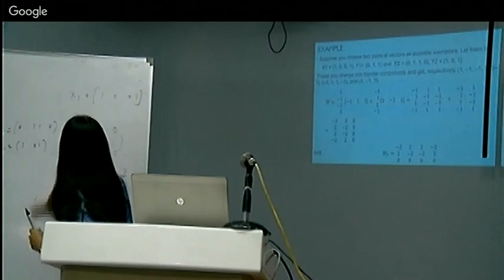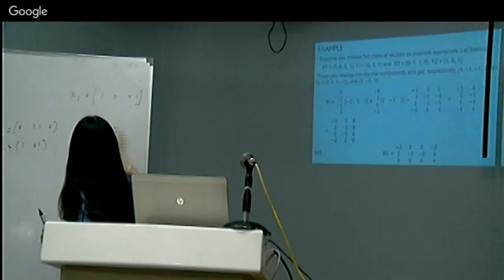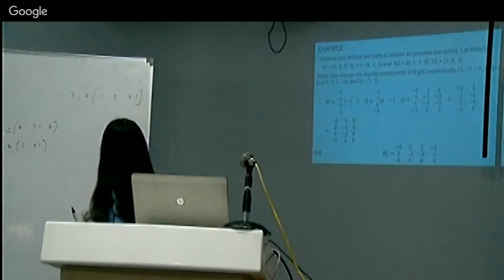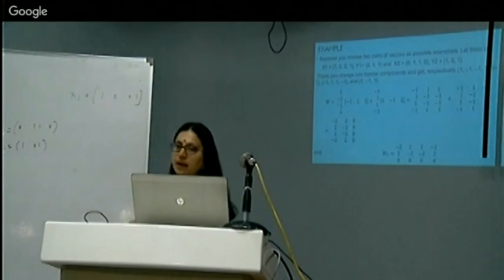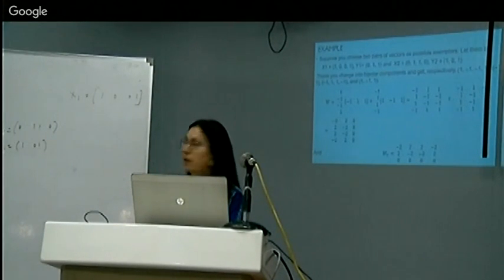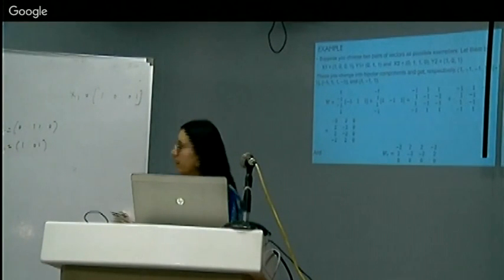If x2 is the input pattern, then we will use the weight matrix W. The activations for 0, 1, 1, 0 would be 4 for the first column, minus 4 for the second column, and 0 for the third column.